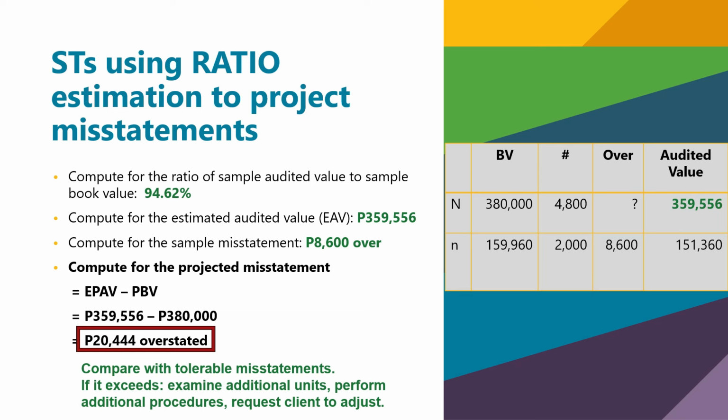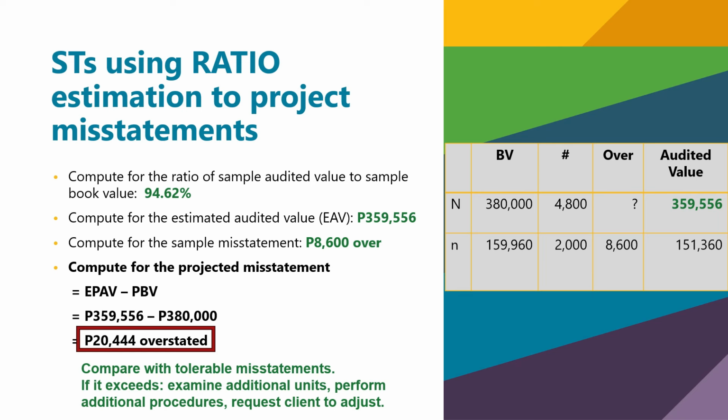If your projected misstatement already exceeds that, then that is an indication that the account is materially misstated. But similar to test of controls, if it goes closer to your tolerable misstatement or even exceeds it, the auditor then considers whether to examine additional units or perform additional procedures on the same assertion, a different procedure but testing the same assertion, or request the client to adjust.